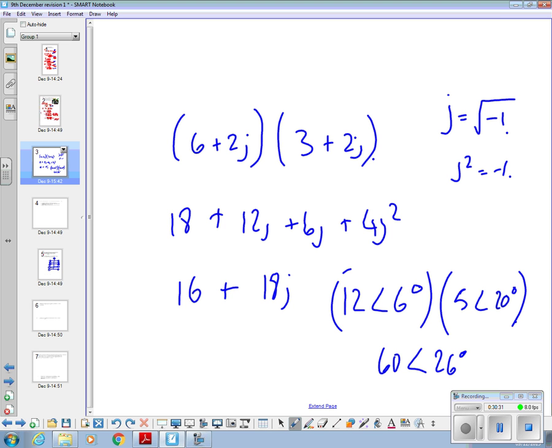If you just have 12 angle 6 times 5, you just times 12 times 5 and then you're done, because if an angle's not mentioned, you assume no angle.